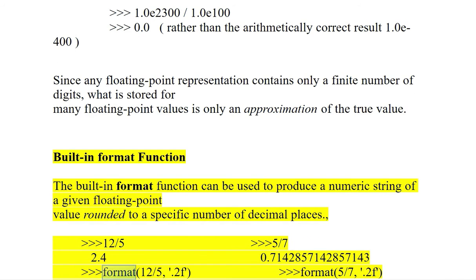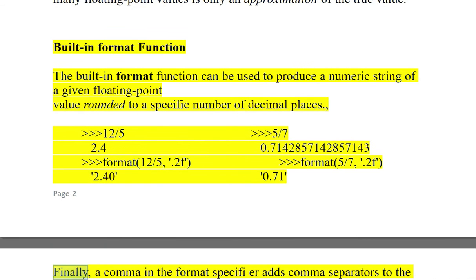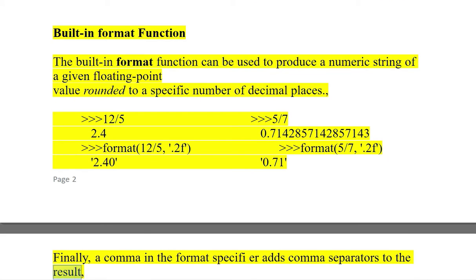Format 12/5 with 0.2f gives 2.40. Format 5/7 with 0.2f gives 0.71.